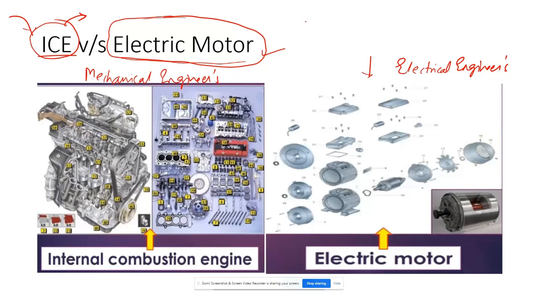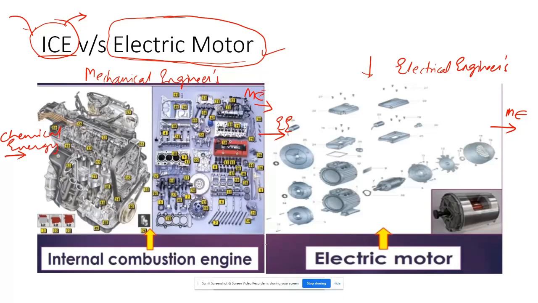So the output of an engine and of a motor is the same, rotating mechanical energy, but the input to the motor is electrical energy, whereas the input to the engine is chemical energy from the fuel.